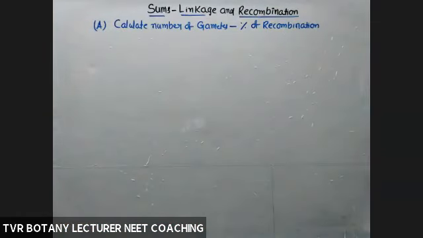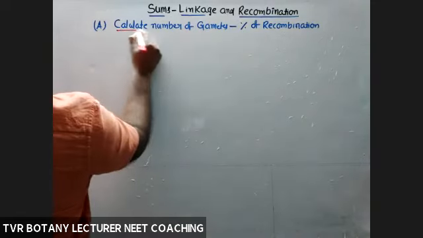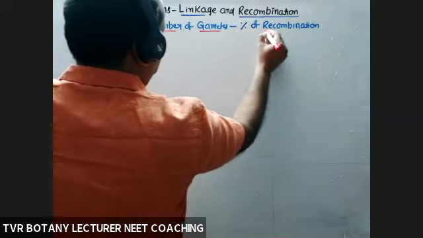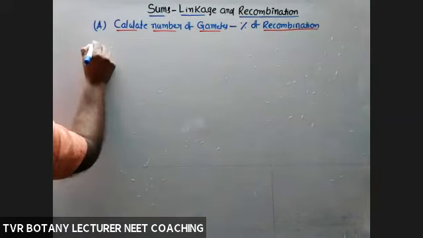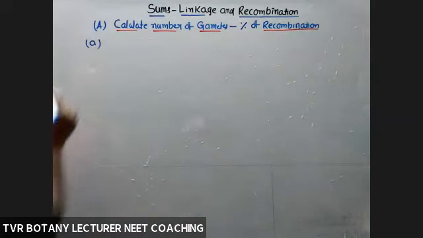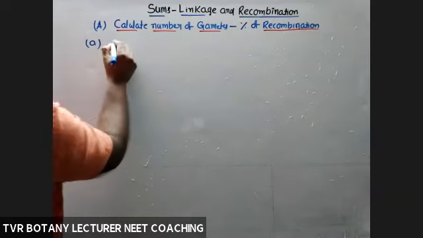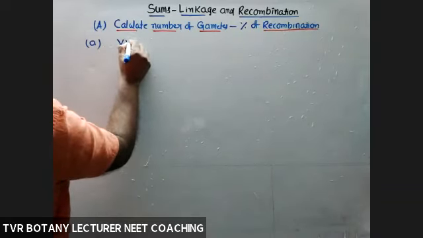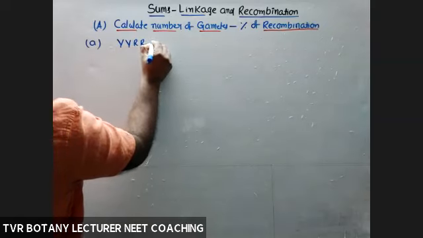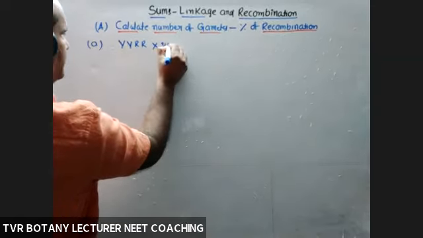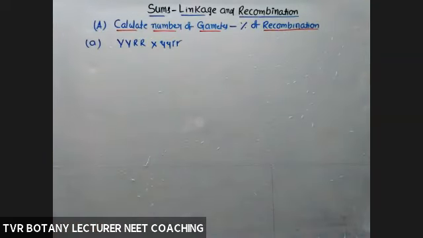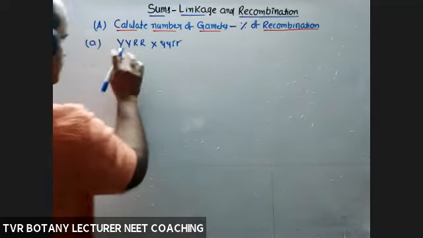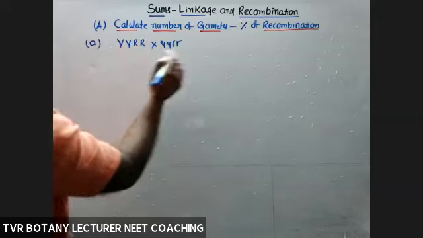The first one is, for example, capital Y, capital R, crossed with a small y, small r. So this is the cross, meaning the genotype of parents.